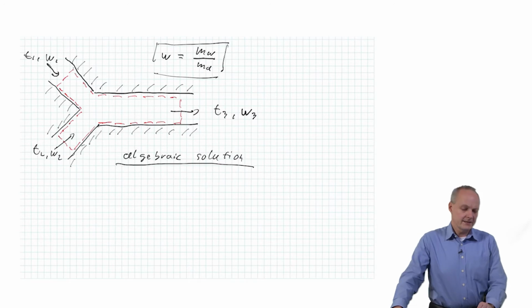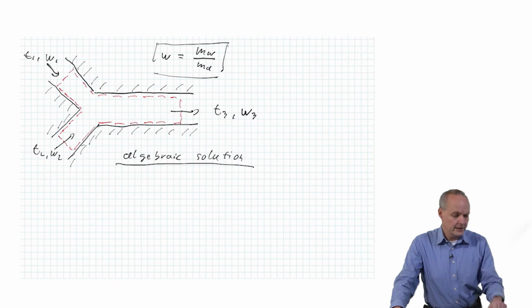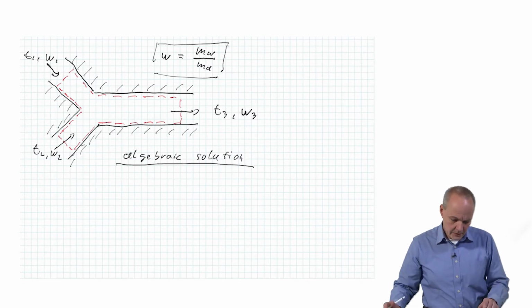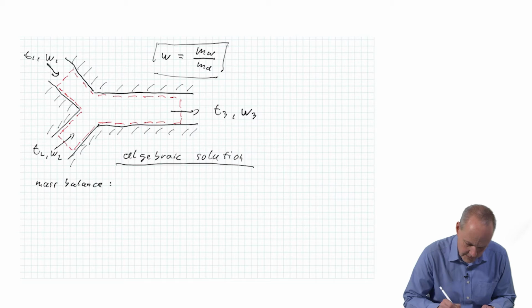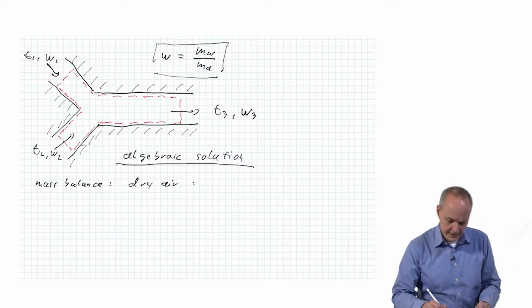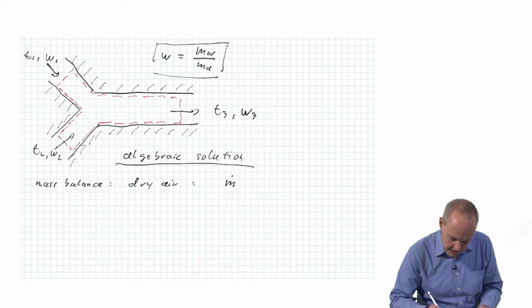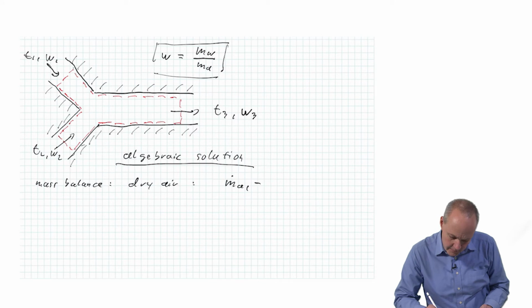So we start with mass balances, and we need to consider two mass balances. One is for dry air and the other one is for the water vapor, okay? So let's start out with the mass balance. Now we're looking at dry air, and that mass balance is real simple. It's m dot A1 plus m dot A2 is equal to m dot A3.